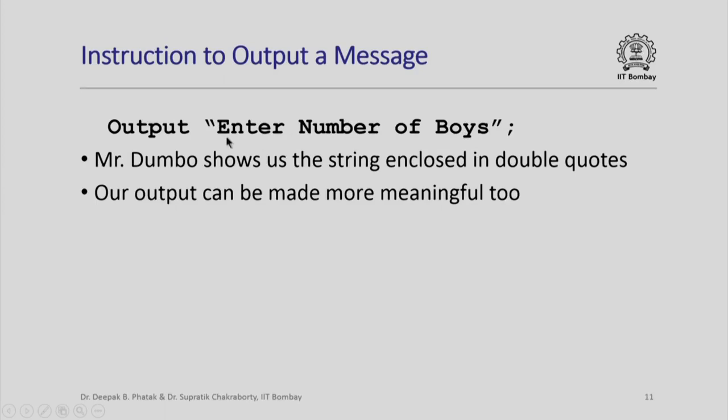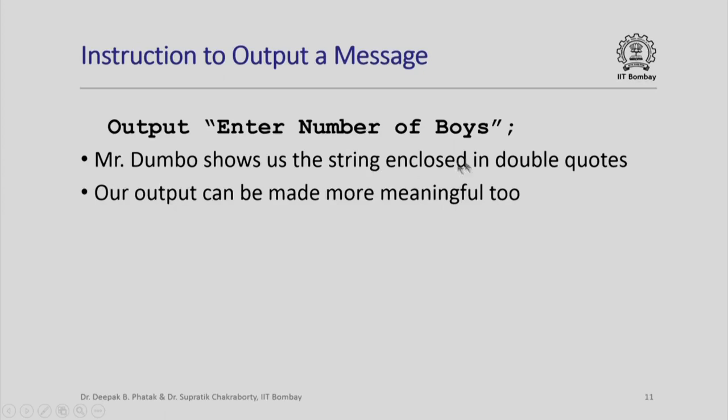This is almost like an output instruction, but instead of outputting the value of a named location, we are asking Mr. Dumbo to output just this string as is. What Mr. Dumbo does is he actually brings that string to us and shows that string on the monitor.